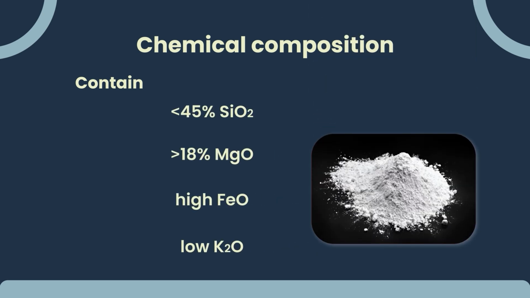The silica content is less than 45%, and magnesium content is more than 18%. It has high iron content and potassium content is low. So, you can see in these rocks low silica, high magnesium, high iron, magnesium content is more than that of iron, and potassium content, that is alkali content, is low.